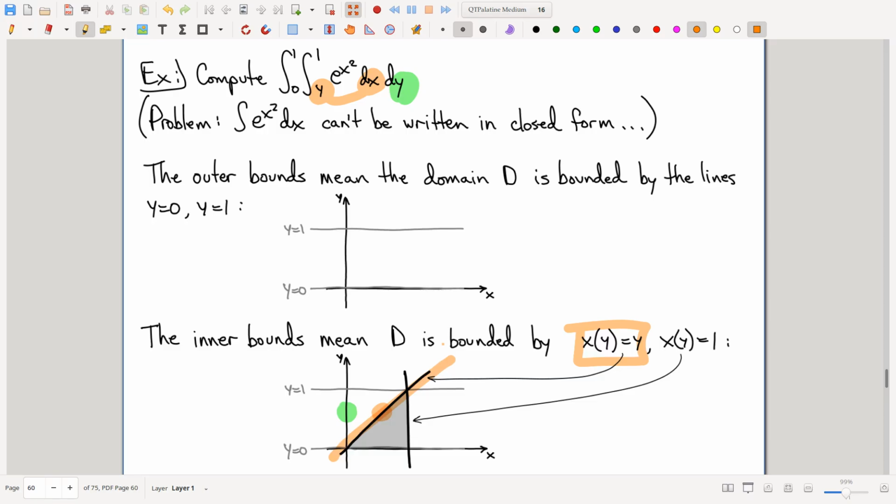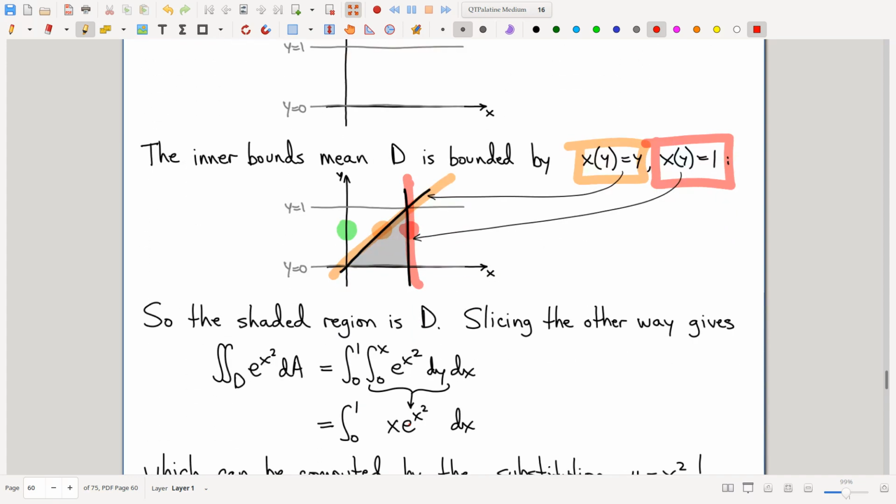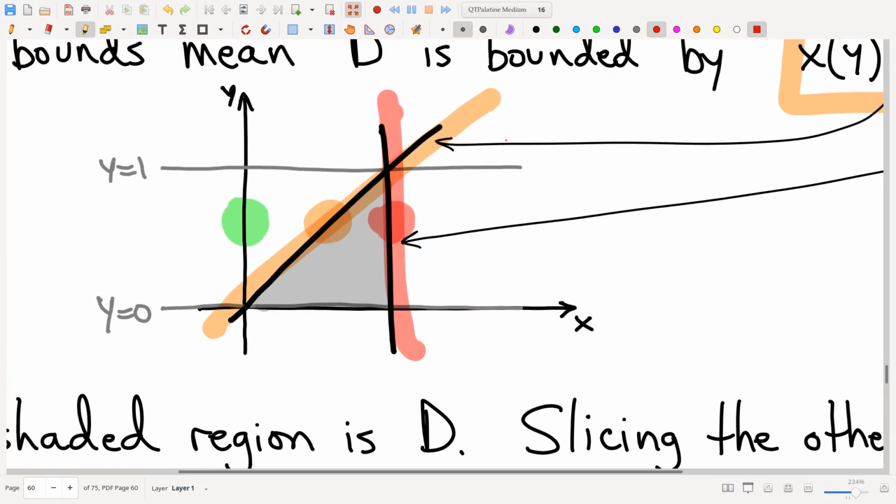And we're going to be ending where x equals 1, which is a point on that curve. So for every value of y between 0 and 1, we're going to go from there to there. And I think it's a pretty easy pitch then that our area for our domain is that triangle.